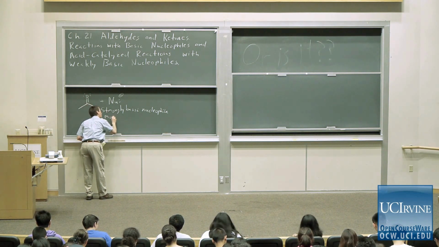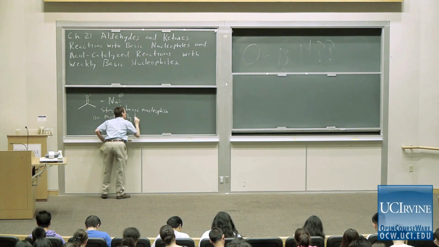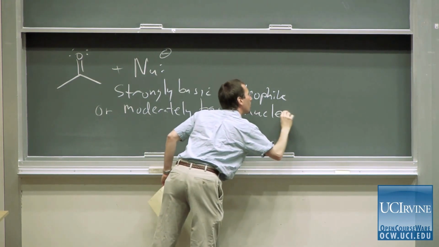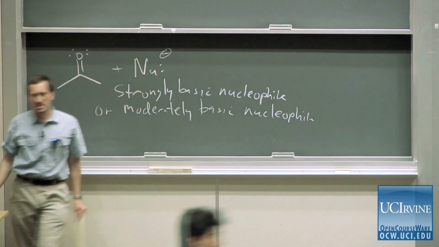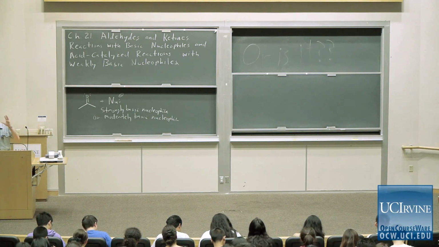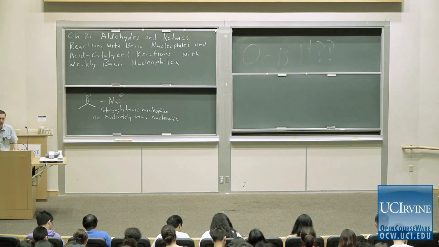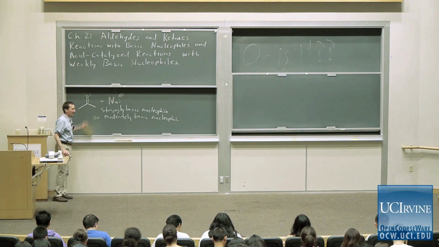And I'll elaborate on this in a moment. In either of these types of conditions, a carbonyl compound, a ketone or aldehyde more specifically, is electrophilic enough at the carbonyl carbon that the nucleophile is going to attack the carbonyl.